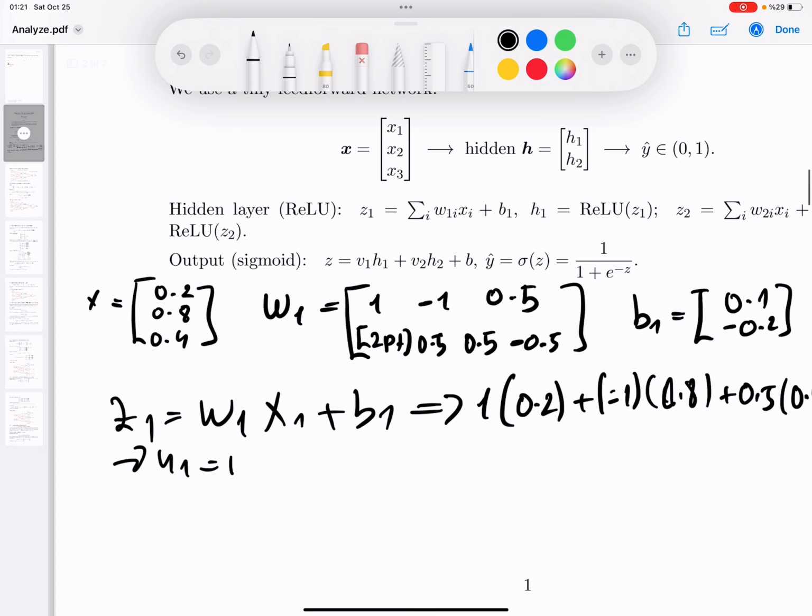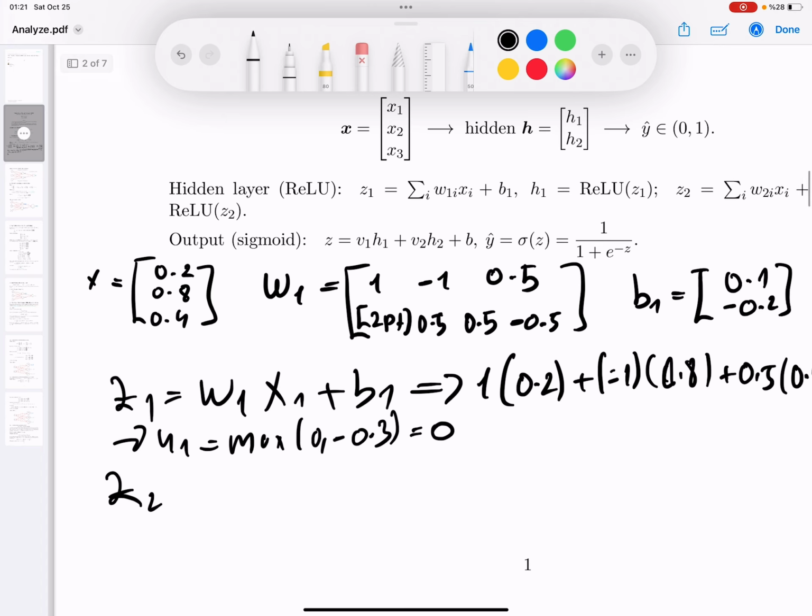This is H1, max of Z and 0, which I told before.